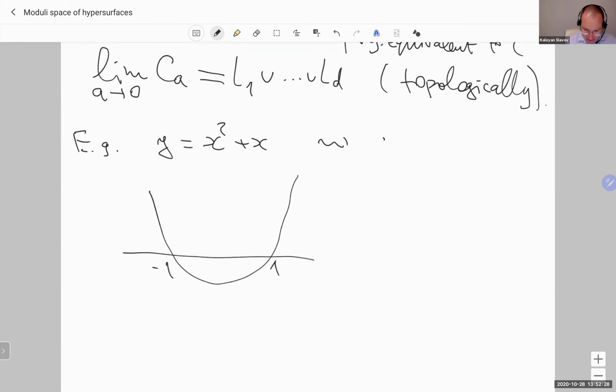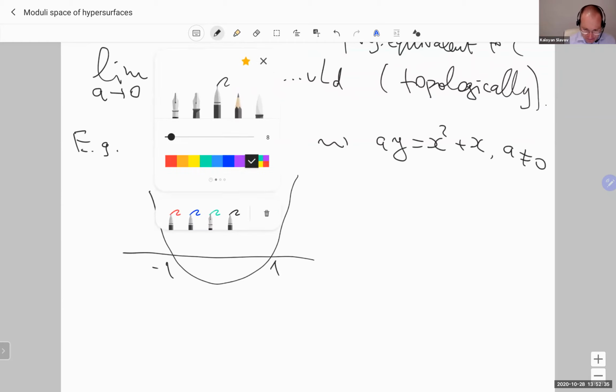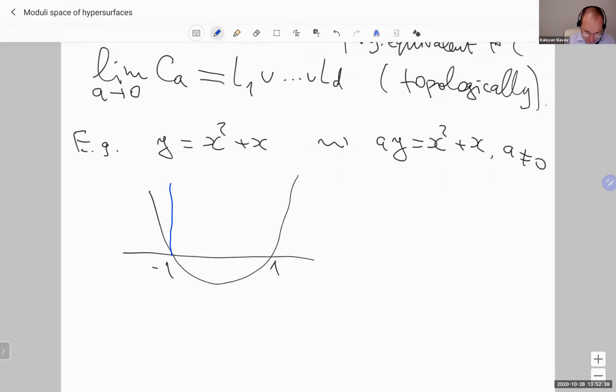And I can take ay equals x squared plus x for all a not equal to 0. This is a parabola that looks more like this.